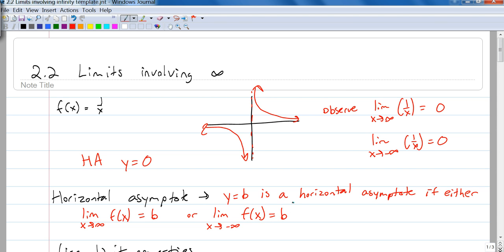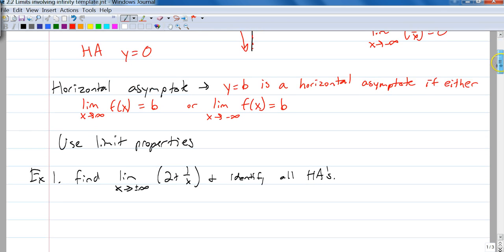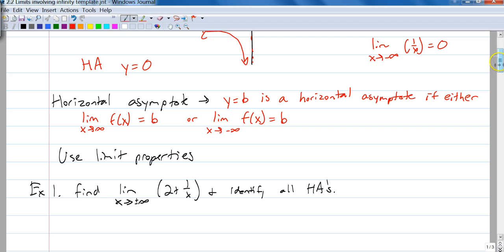If either of those things happens, if it approaches a constant, then you have a horizontal asymptote. You can have two in a problem, actually.